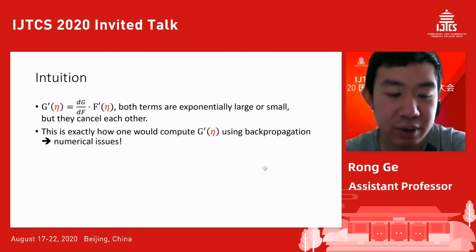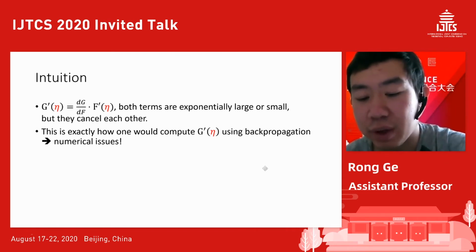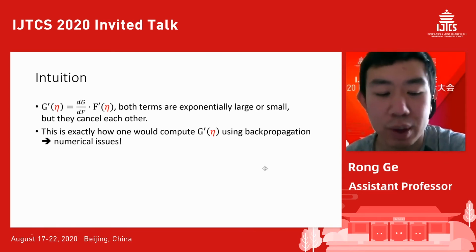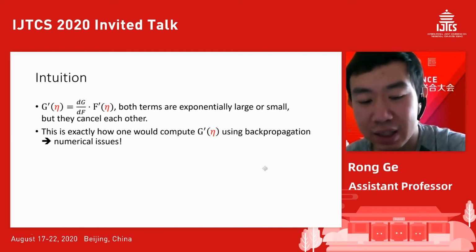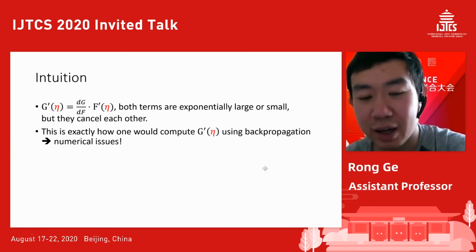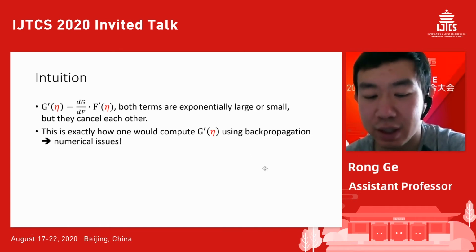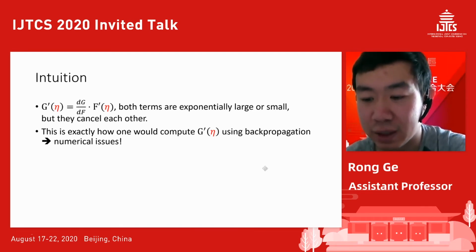Unfortunately, this formula that I wrote, computing the derivative of g using the product of these two, is exactly how one would compute this derivative using backpropagation. Since these two terms are both exponentially large or small, and we are relying on them to cancel each other, we are basically trying to compute the ratio of two exponentially large numbers or two exponentially small numbers.